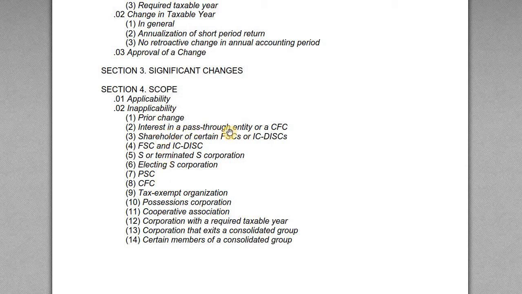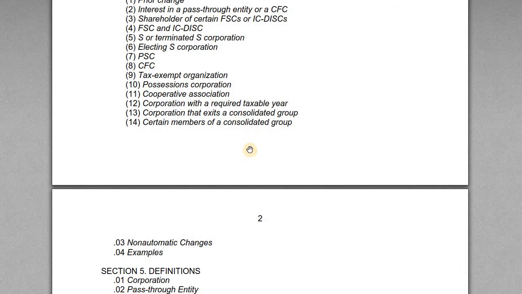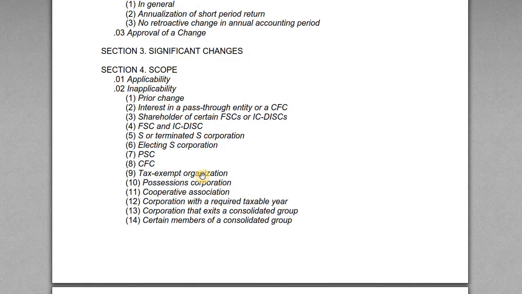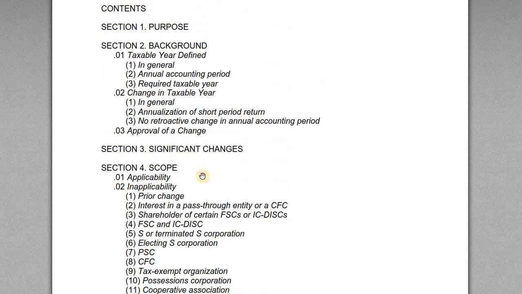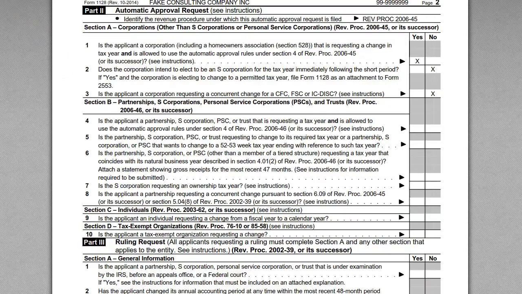So if you own a pass-through entity or a CFC, if you're a personal service corp, if you had an S election, then you might find yourself that you're in the non-automatic change request, and so it won't be permitted. But in this case, we do qualify for an automatic change. So answer yes for that one.